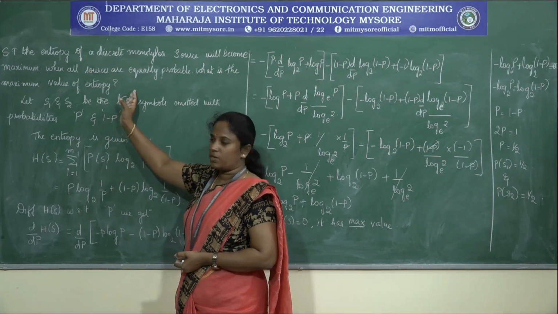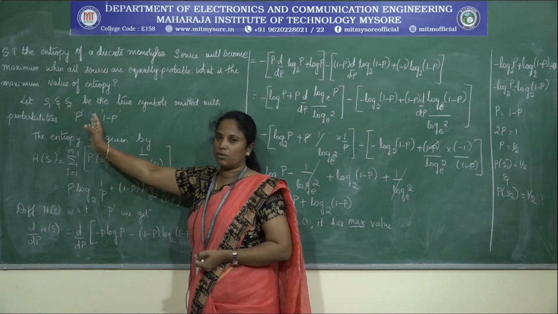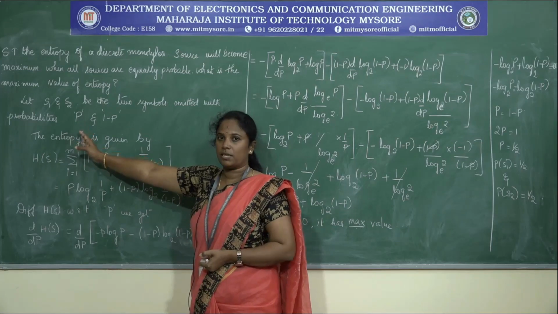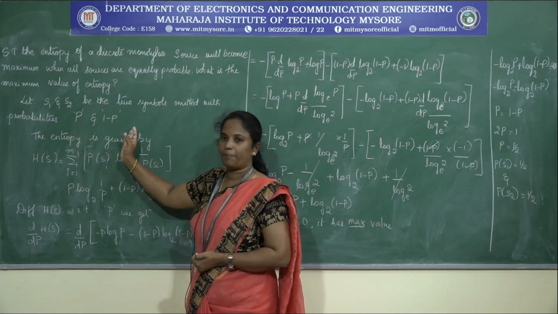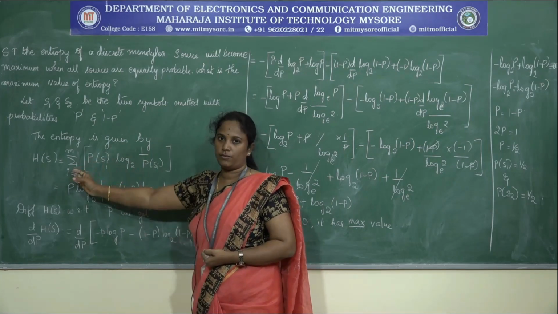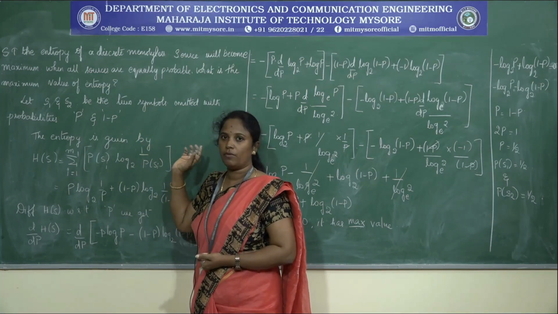To derive this equation, we have considered two sources, S1 and S2, with emitted probabilities P and 1 minus P. In general, the entropy equation is H of S equal to summation of i equal to 1 to q Pi log of 1 by Pi.